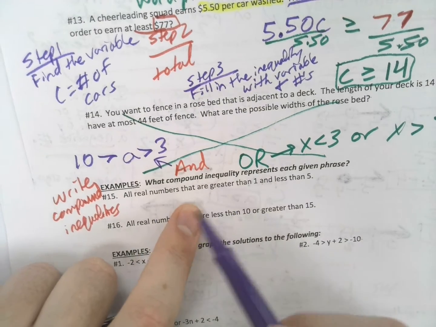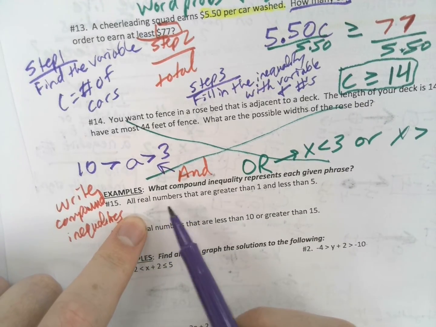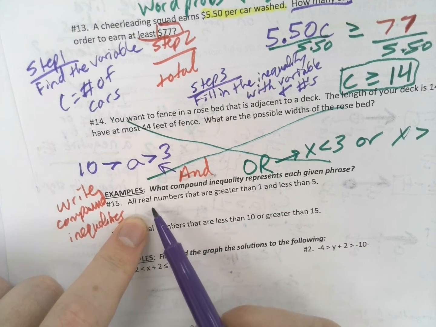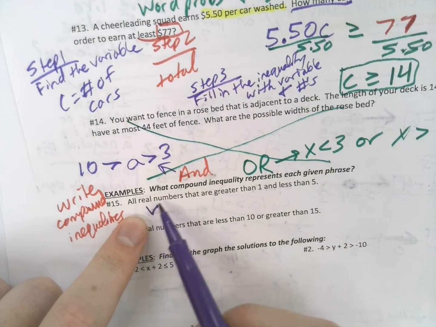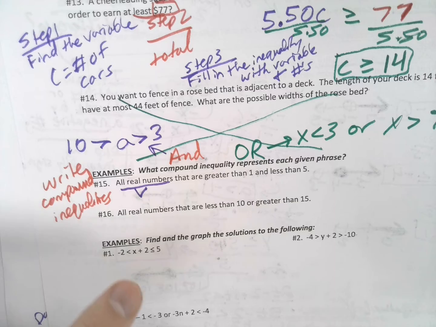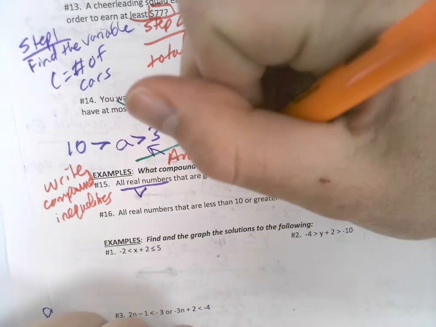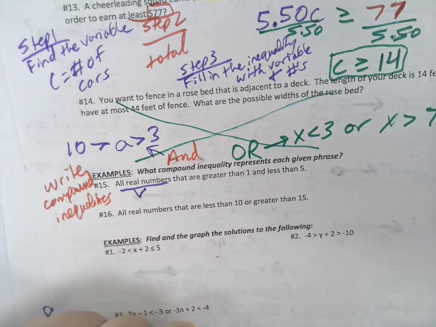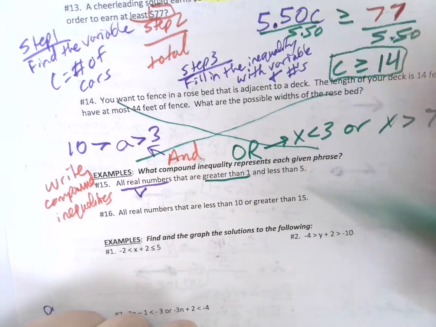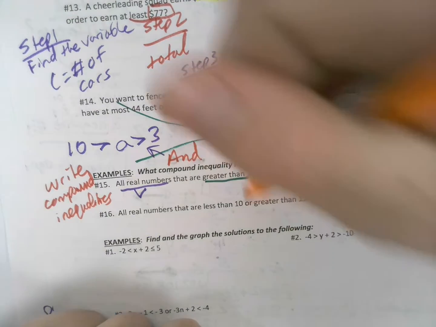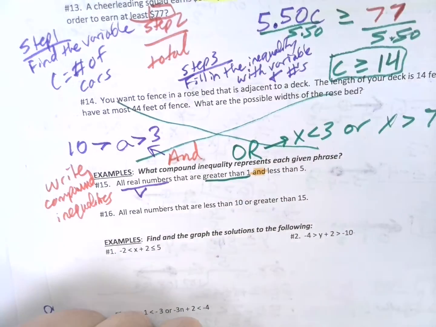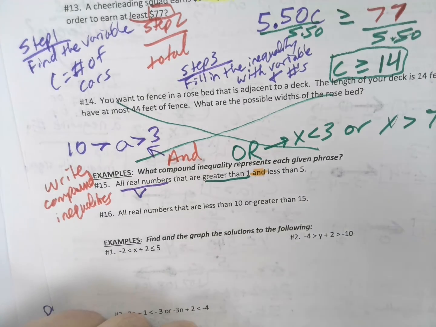So let's take a look here, guys. All real numbers, so we'll call that a variable. I'll go V. All real numbers that are greater than 1. And then what's the magic word you see here? And less than 5.